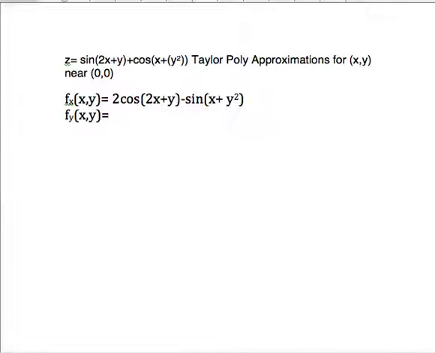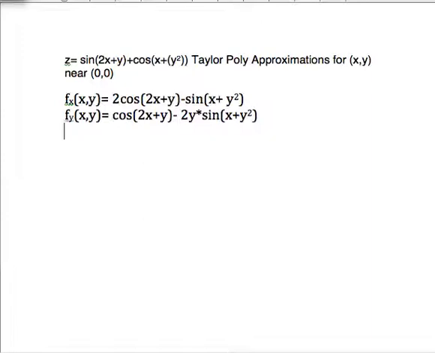Derivative of y is 1, so it's going to be cos 2x plus y. Same thing for cos x plus y squared. The derivative of y squared is 2y, so we're going to have minus 2y times sine x plus y squared.